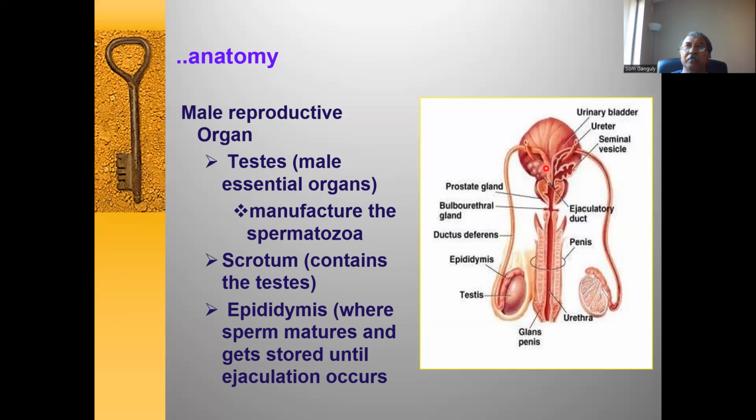These two glands, situated right underneath the urinary bladder, called seminal vesicles, also secrete fluid that comes into the prostatic urethra right here. Bulbourethral glands secrete some fluid that also comes into this juncture of the prostatic urethra. Then everything comes out through this channel.